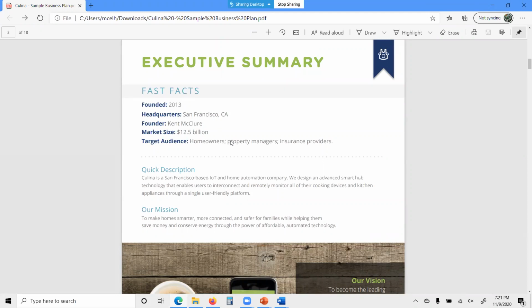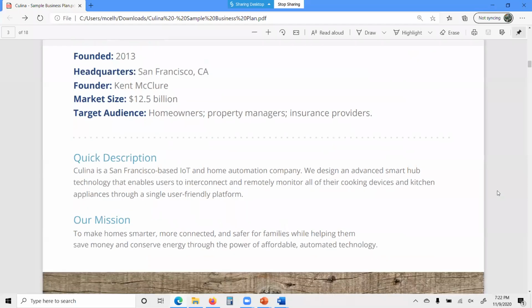They had a little bit of a synopsis, the fast facts. When the company started, who started it, where is it headquartered, and what audience are they targeting? And there was a little quick description. I'm going to zoom this in here. So San Francisco-based IoT, what was that?